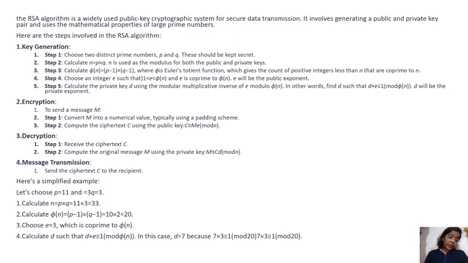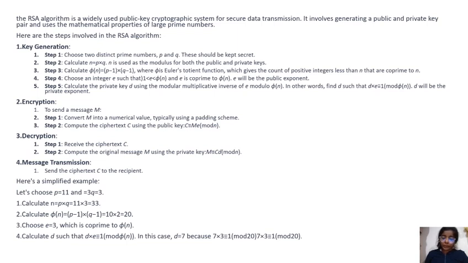Choose e equals 3, which is co-prime to phi of n. Calculate d such that d into e equals 1 mod phi of n. Here d equals 7, because 7 into 3 equals 1 mod 20.